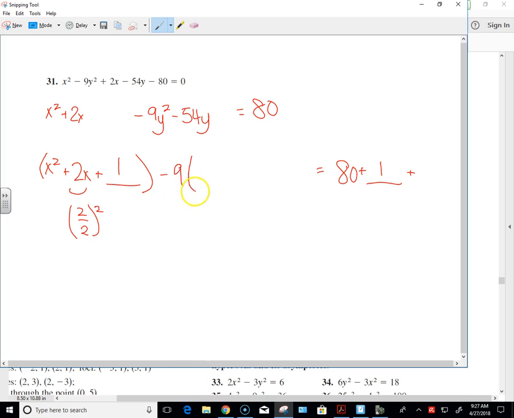What am I going to factor out? Negative 9, true. I get y squared minus 6 y plus 6. Why? Careful. Take the 6, cut it in half, and square it. Now I can put the 9. What am I going to put over here? 9 times 9.